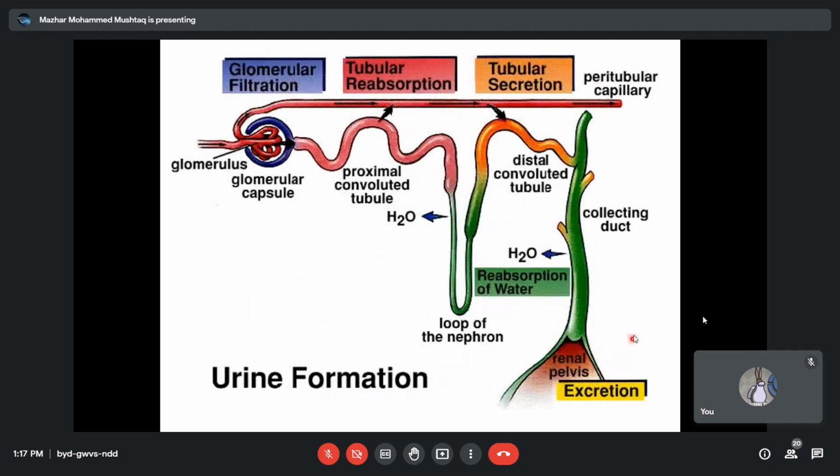Again, this is more or less the same thing, the process of formation of urine. You have filtration going on here at the glomerulus. This is called glomerular filtration. Then at the proximal convoluted tubule, you have tubular reabsorption. Most of the things that are filtered here are reabsorbed in the proximal convoluted tubule.